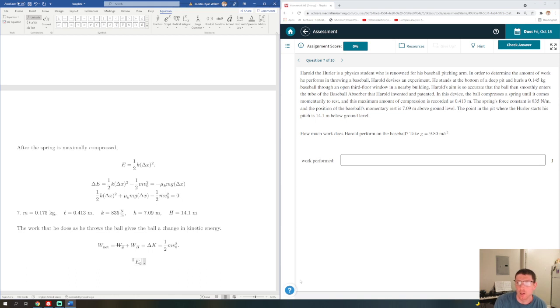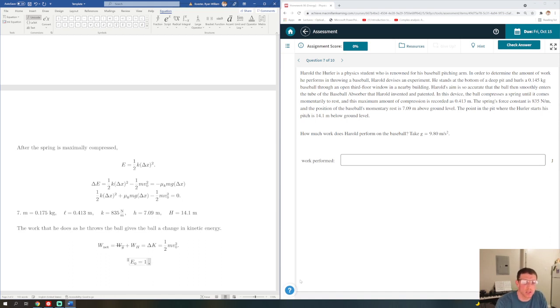Because there's no drag or air resistance. So now that we've used the work-energy theorem to see how we're going to get the work that he does on the ball, we can just go through and do conservation of energy.